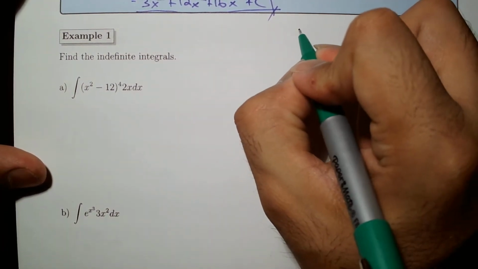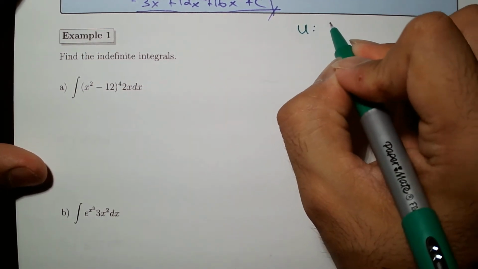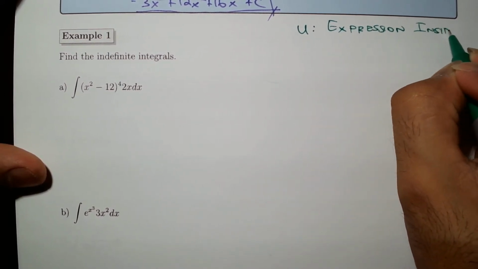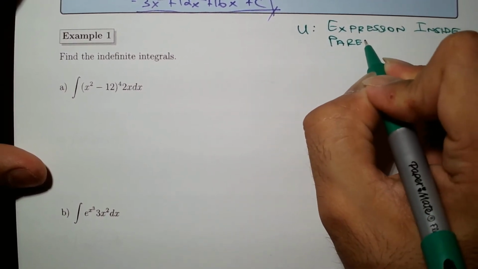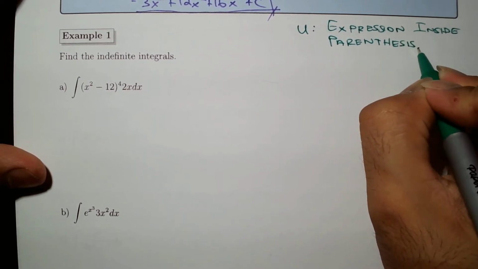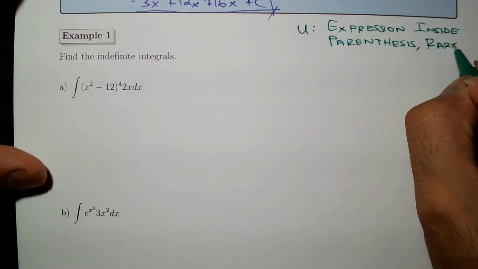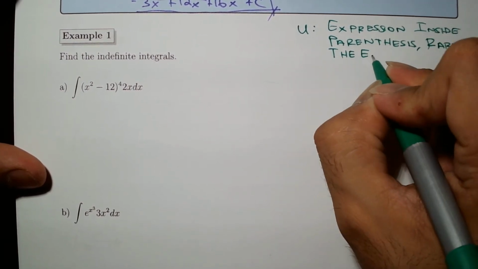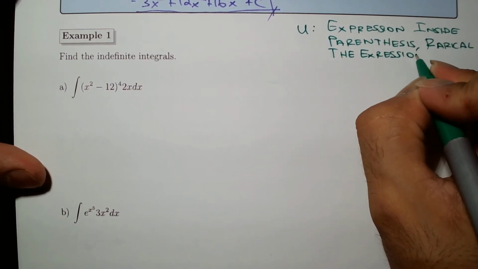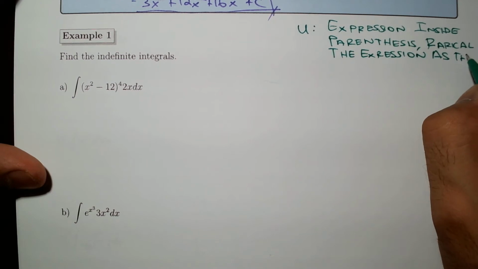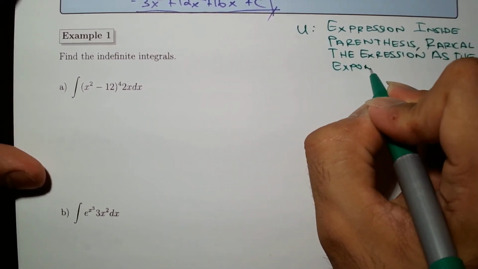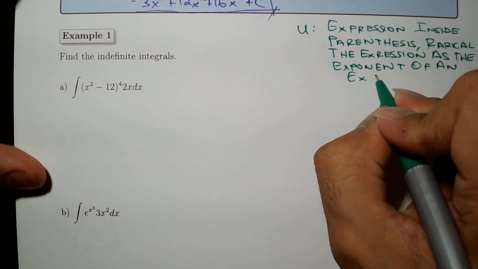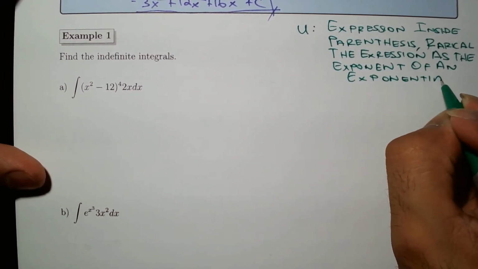Let me see. So u, it's always going to be the expression inside parentheses, or radical, or the expression as the exponent of an exponential function.